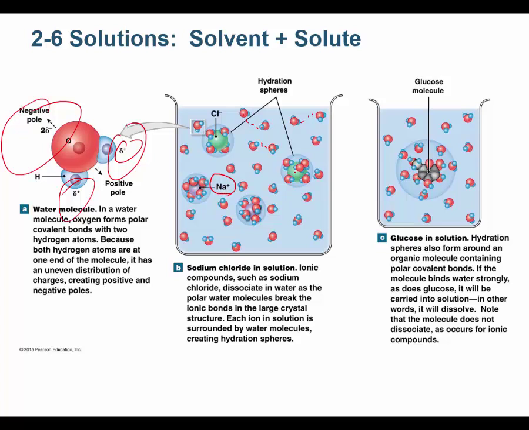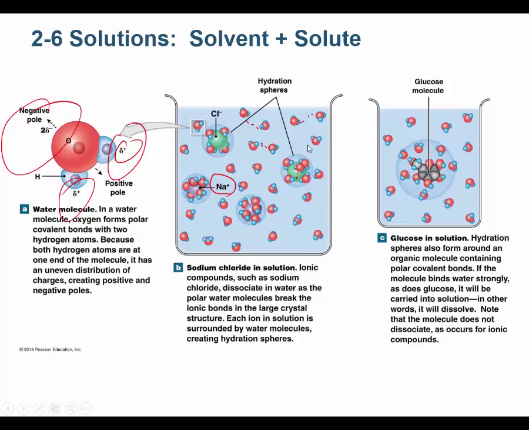It can also make hydration spheres around an anion, like this chloride right here. How does that happen? The partial positive hydrogens orient towards the anion. Opposite charges attract. So these are called hydration spheres, and this is in fact how things dissolve. This is dissolution. This is how sugar and salts dissolve in water, is through these hydration spheres.